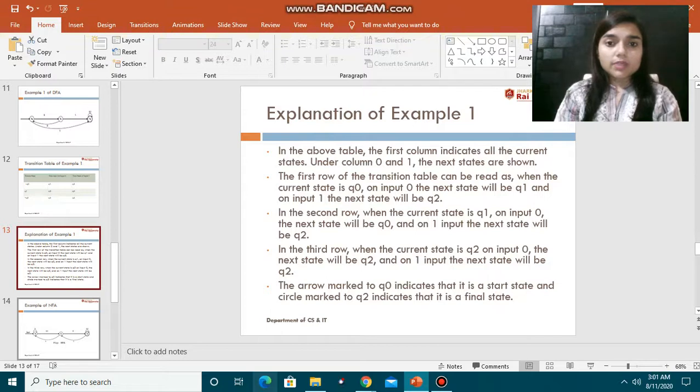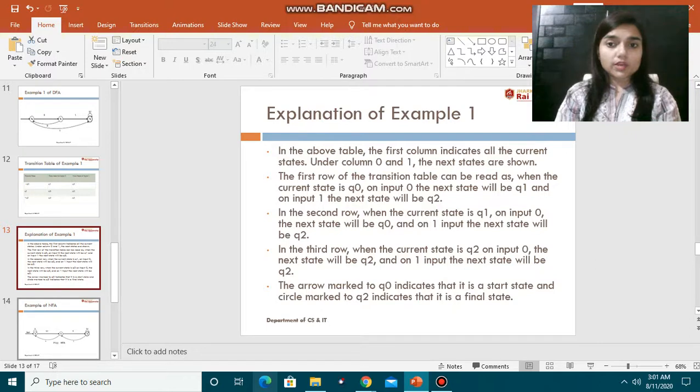Let's see the explanation of example 1. Here the first column indicates all the current states. Under columns 0 and 1, the next states are shown. The first row of the transition table can be read as: when the current state is Q0, on input 0, the next state will be Q1, and on input 1, the next state will be Q2.